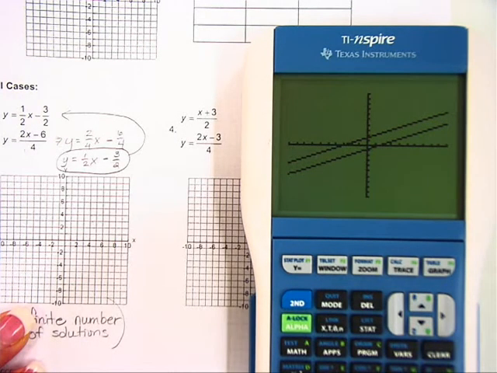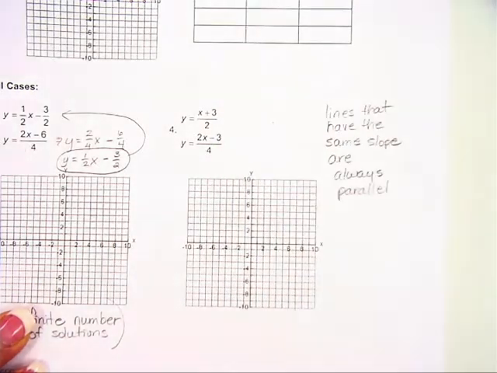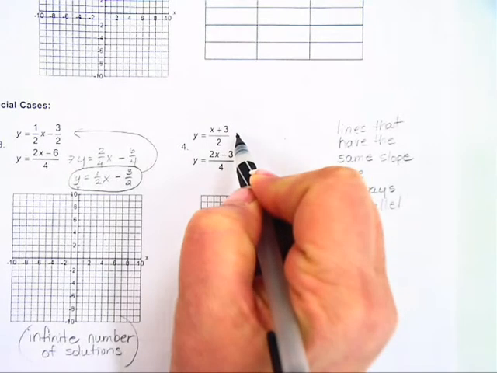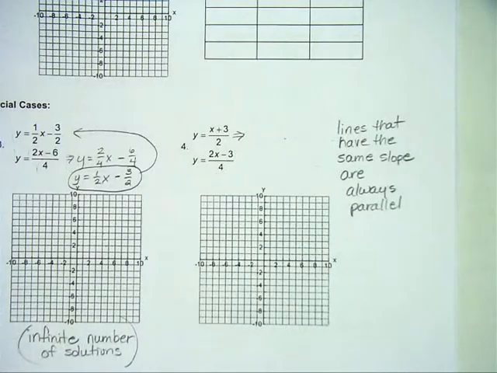Okay? Now, just for fun, let's rearrange these by hand. So you can see that slope is the same. Okay, you've got something wrong in your y equals. There's probably a minus sign that's the wrong kind of minus sign. Okay. All right, let's go ahead and rearrange this.